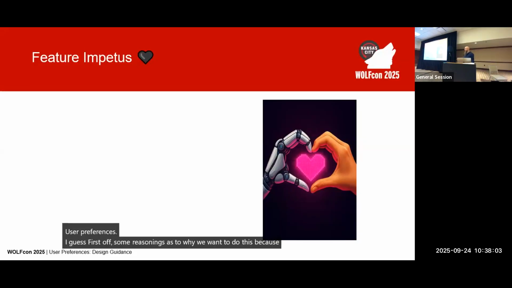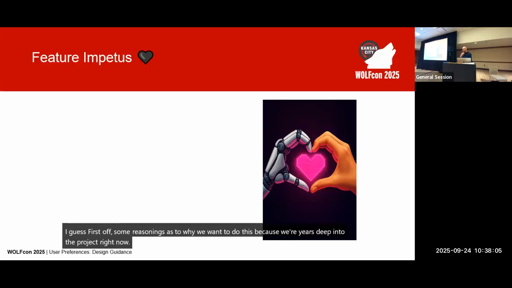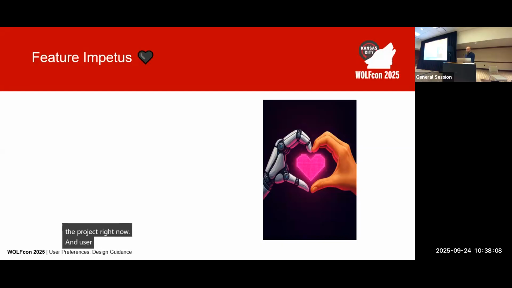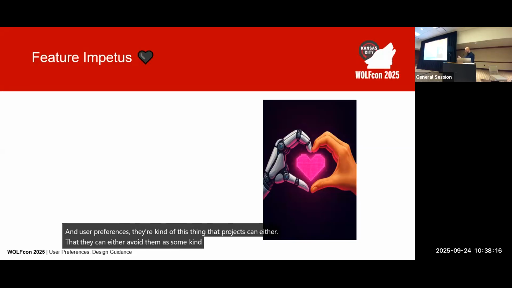We're years deep into the project right now, and user preferences are something projects can either avoid, as a Pandora's box we don't want to open, or go too deep and do way too much, to where it gets overbearing. So we're going to try to guide things a little, giving some direction as we come up with ideas on the creative side before we do the development on these features.